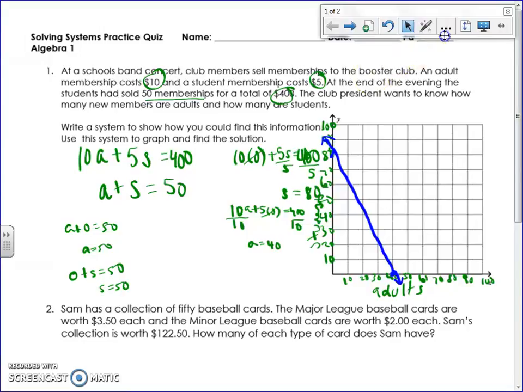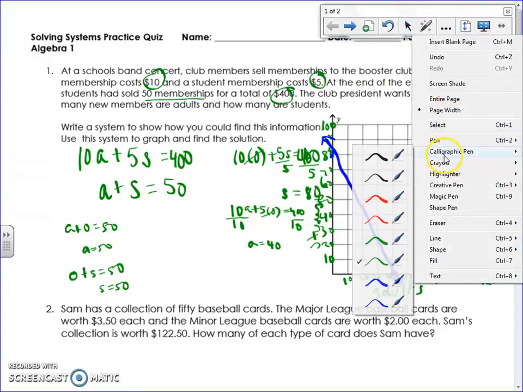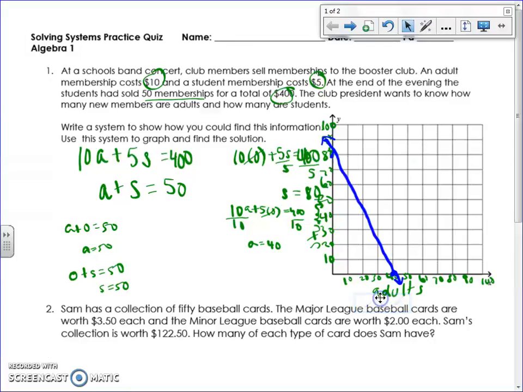So I'm going to have 2 points on this graph. My 50 here at 50 and up here at 50. I'm going to go ahead and connect those.